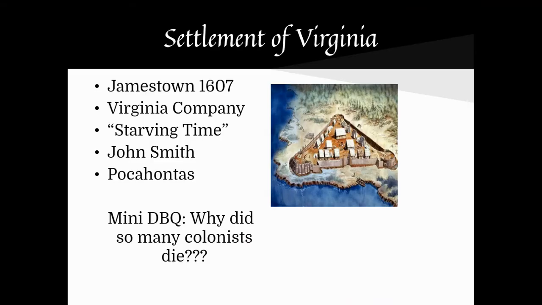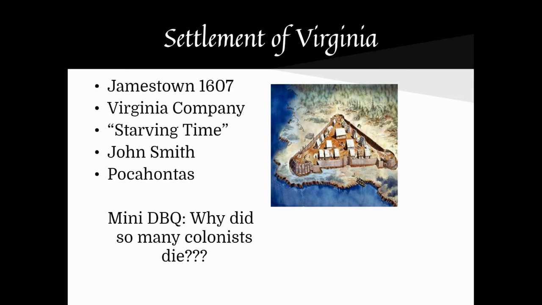Let's get into the settlement of Virginia specifically. The context at the time is that James I becomes king in 1603, just 4 years before this, and there is a tremendous population growth. There's also, unfortunately, an economic recession, which means that there's a lack of work and things are not going as well as they would hope.